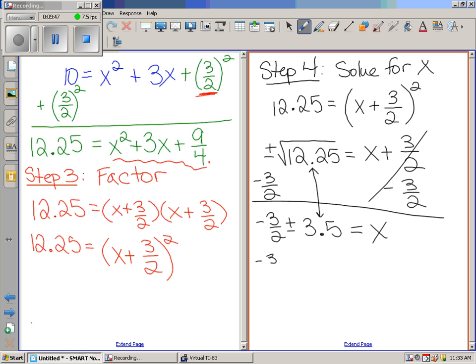And so that's really equal to, now I'm going to show out all my work, but some of you guys can move faster than me. That's negative 3 divided by 2 plus 3.5, and negative 3 divided by 2 minus 3.5.